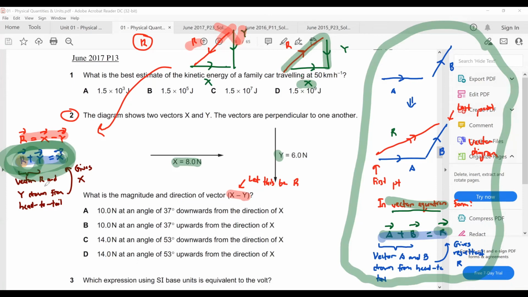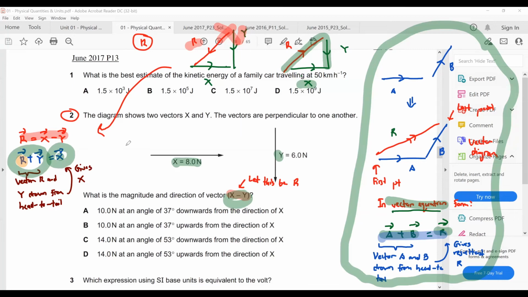So to recap a little, whatever you get here, x minus y, you represent it as a separate vector. Then you try to change it into a form such that something plus something equals something. When it's in that form, it means these two vectors drawn from head to tail give me this resultant here.